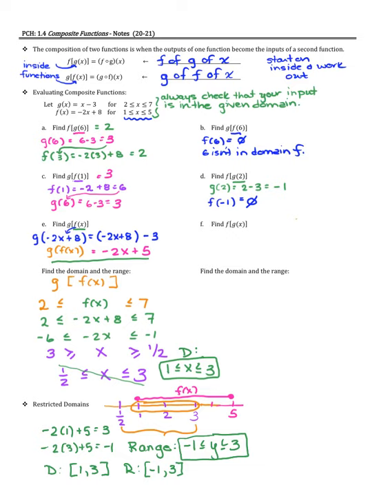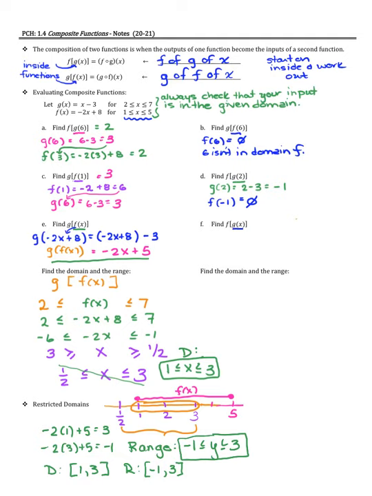Okay, let's do one more example. And then you can stop watching the video because we'll complete the next page in class. So over here I have find f of g of x. We're doing example F. So if I go back up, we're going to now take g of x and plug it into f.